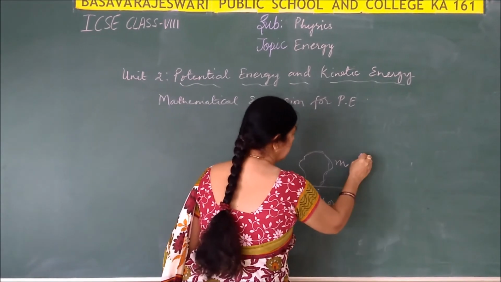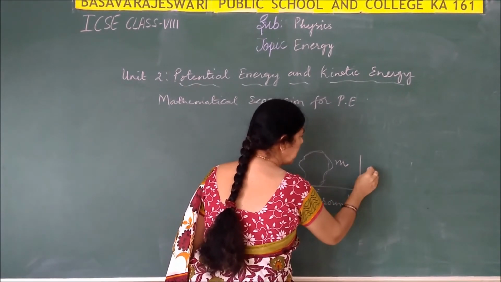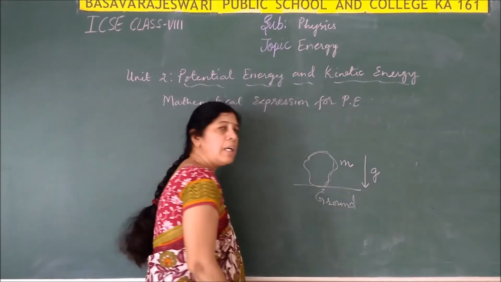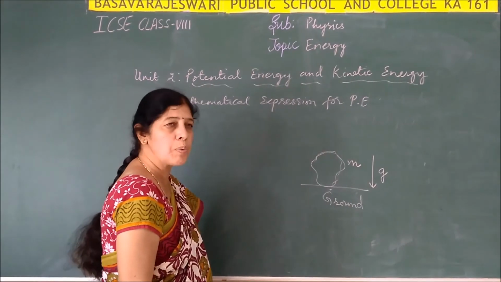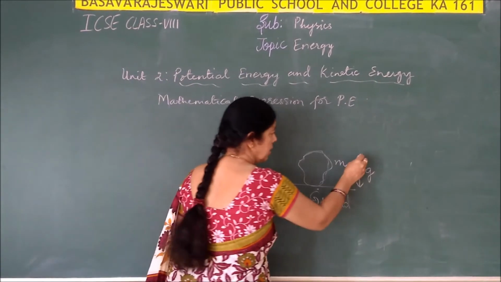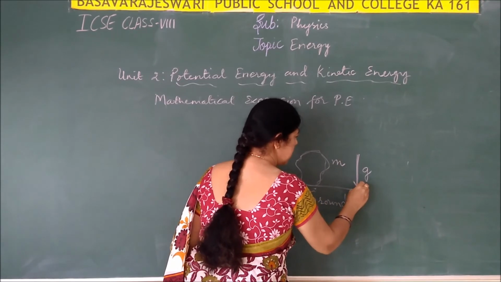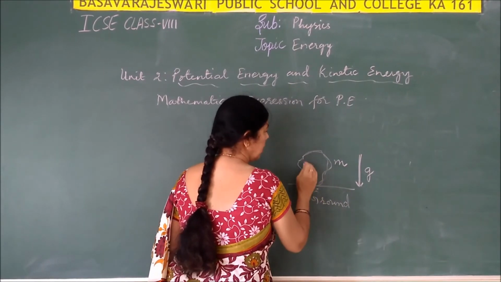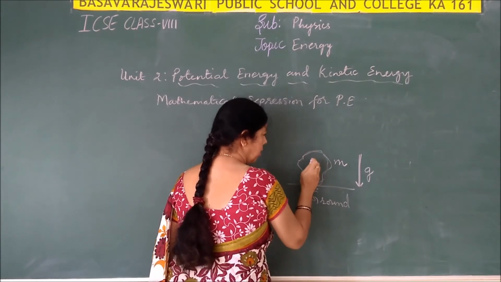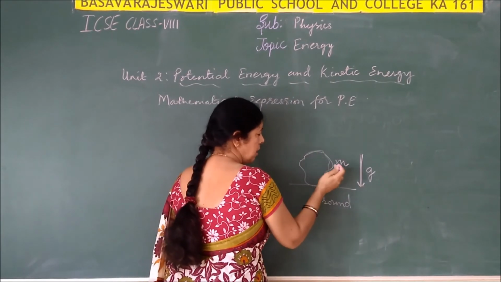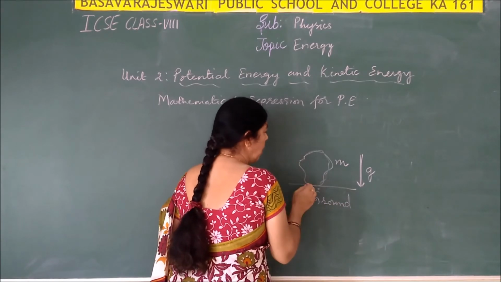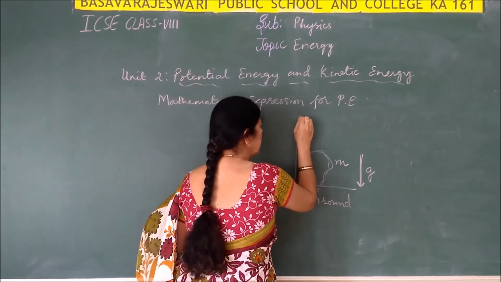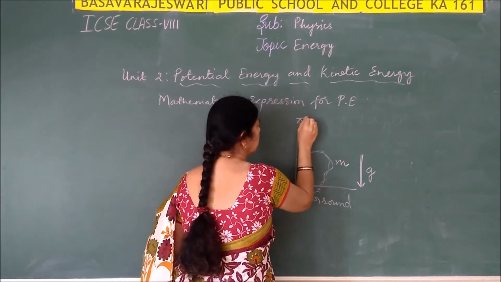So, gravity is denoted by which letter? Small letter g. Gravity always acts towards the center of the earth. So, I am showing in this direction. This is direction of gravity. Now, this is the mass of the object or rock you can consider, which is present on the ground. Now, I want to lift this to a certain height, h.